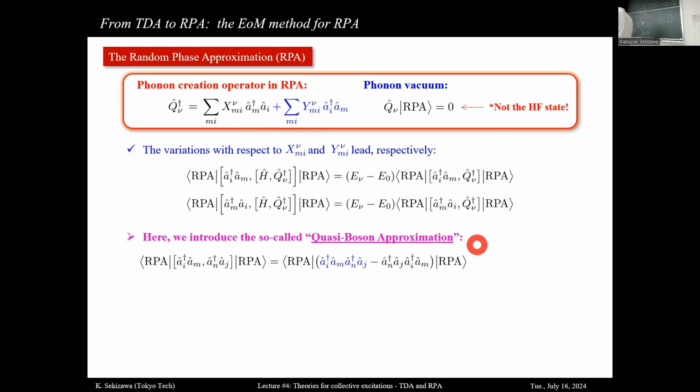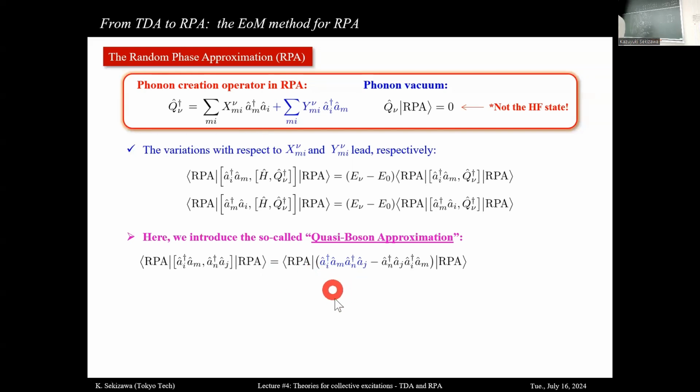RPA, we introduce the so-called quasi-boson approximation to calculate the expectation value of the commutation relation with RPA states.